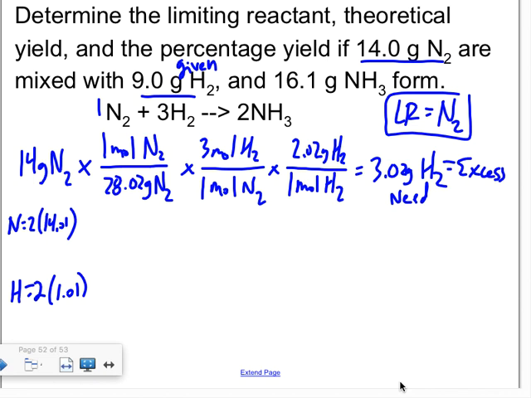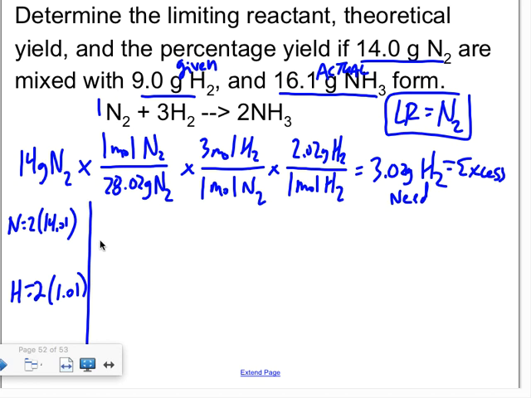All right, now we need to figure out our theoretical yield and the percent yield. So this right here, this is our product. This is our actual yield. Okay, so I got to convert N2 to NH3 to figure out my theoretical. So, just block this off here. Start with what you're given.